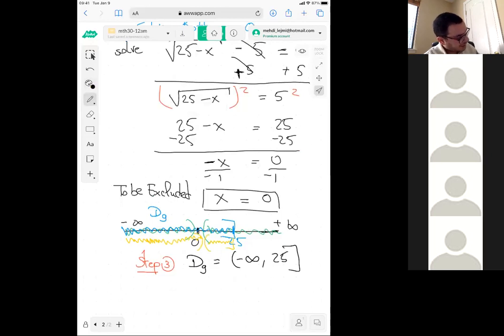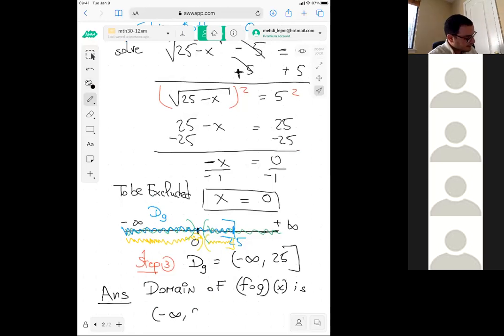So the final answer, the domain of f composed with g of x, is negative infinity to 0, 0 excluded, union 0 excluded to 25, 25 included. That's the intersection of the domain of G with the domain from the second step. Okay, guys, I'm sorry, I went over time, so that's the final answer here.